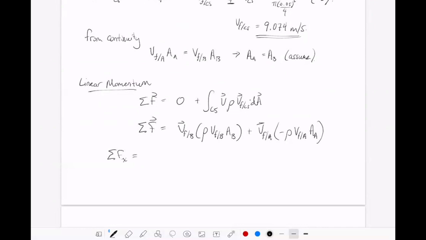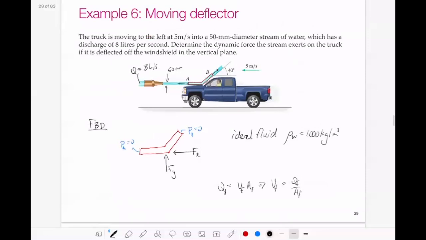Sum of the forces in the x direction. We have VFB and the component of VFB in the x direction would be cosine 40.